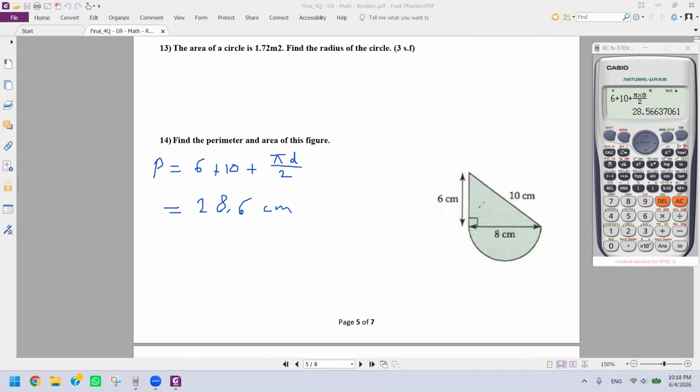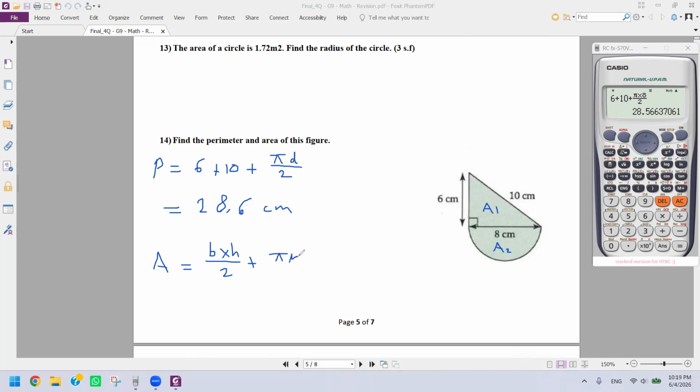Now I need to find the area. How do I find the area? First, you find the area of the triangle, and then plus, you find the area of the semicircle. So area is equal to, what's the area of the triangle? Memorize it. It's base times height over 2 plus, what's the area of the circle?